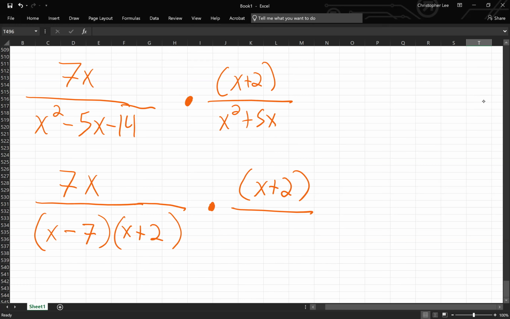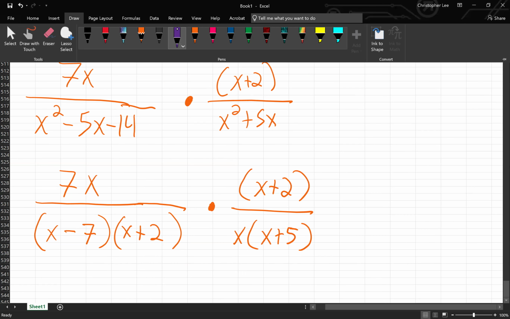It says x squared plus 5x. What can I do there? Factor out x, right? So now I'm left with x times x plus 5, right? After that, just cross out the like terms. What like terms do I have here? X plus 2.